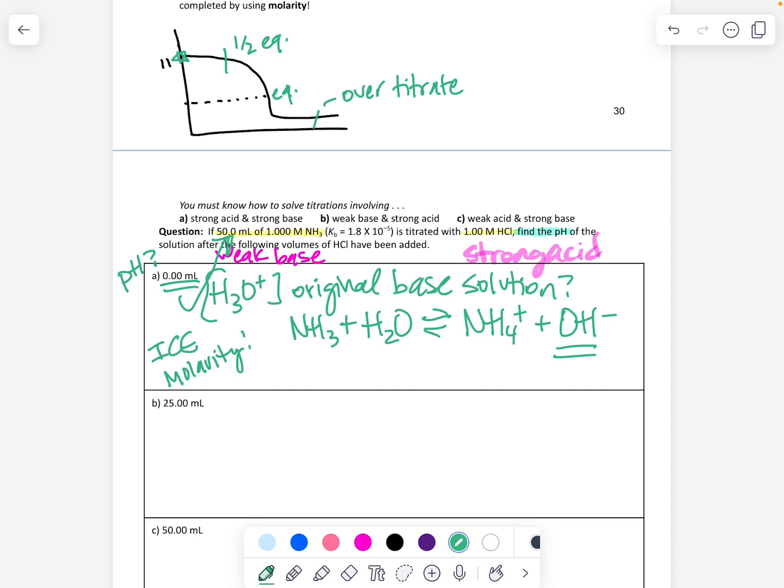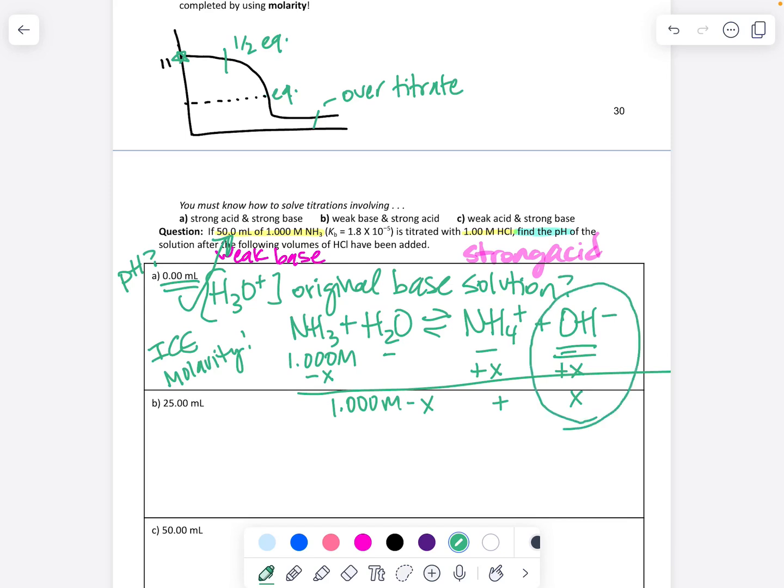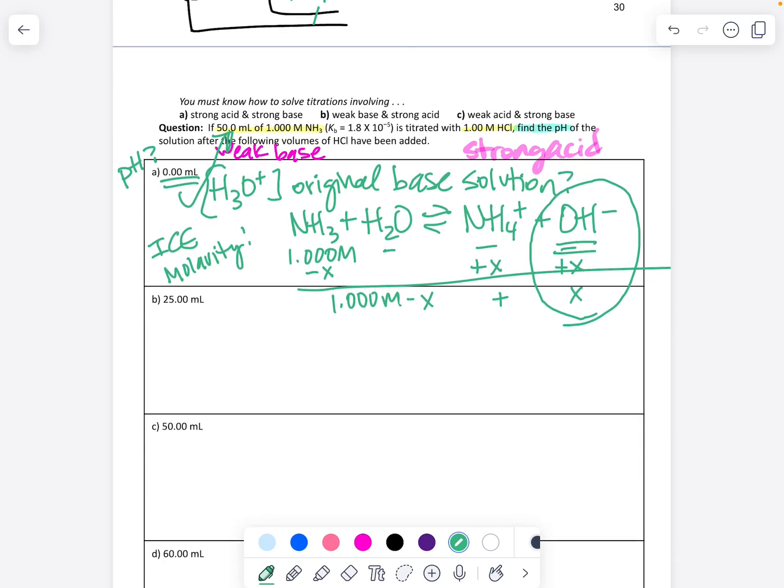It is 1.000 molar. And originally, I don't have any of these other things. I'm going to lose some amount of that. I will create some amount of those ions. So some of it's going to ionize, and I get 1.000 molar minus X. And these are just X.